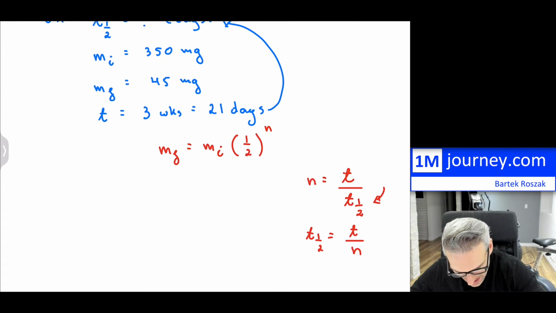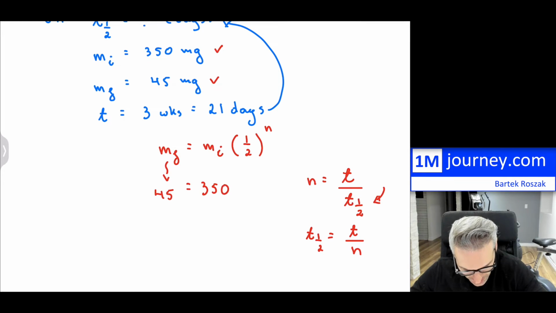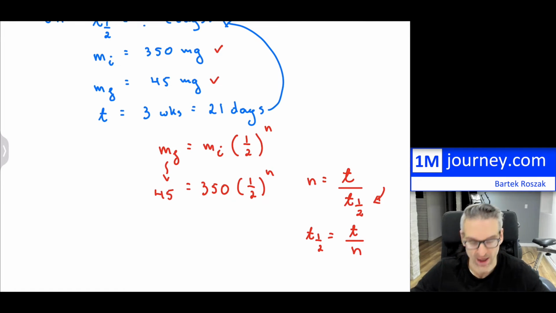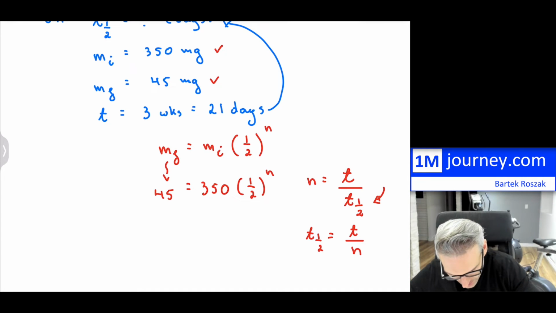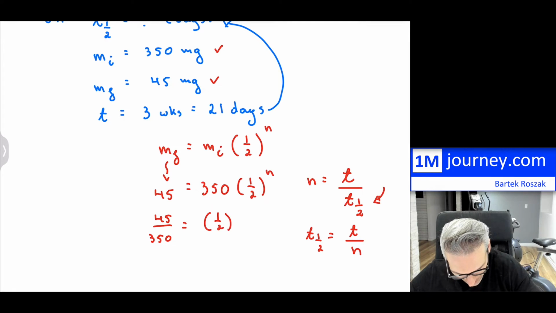So if I take now all of this, I'm going to substitute everything that's given. Well, my final, which was 45 milligrams, so check. Notice the units are identical, so I can keep them. My initial was 350. This is going to be 1/2 to the n. So I'm going to just now solve for n. So 45 divided by 350 is equal to 1/2 to the n.